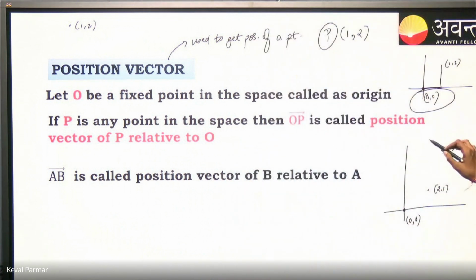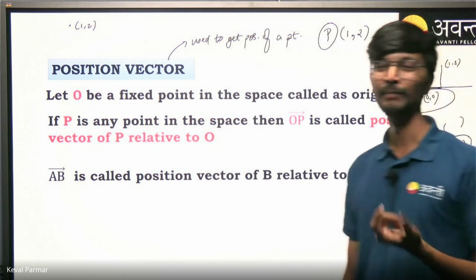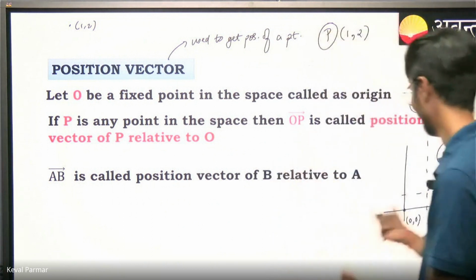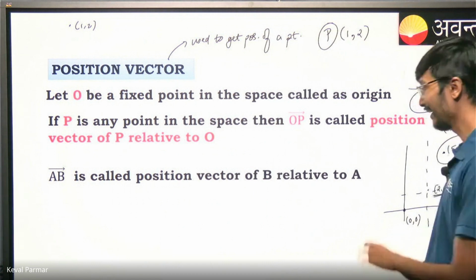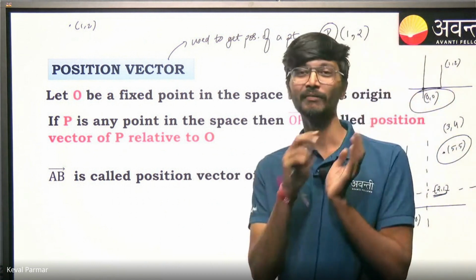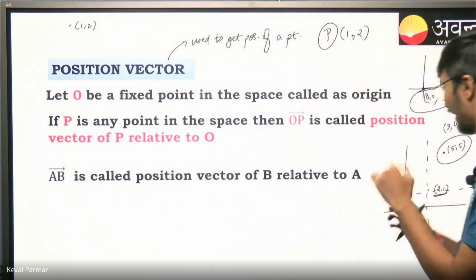But suppose my axis shifts to here. Then the new coordinates of this point will be with respect to this point. Correct? What will the new coordinates be? To go from 2 to 5, we have to move 3. To go from 1 to 5, we have to move 4. So I got the same point with different coordinates. Why?